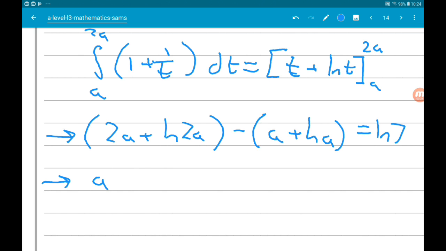Now, by the subtraction law of logs, log 2a minus log a is log of 2a divided by a, so that's just log of 2. Now we know that is equal to log of 7.